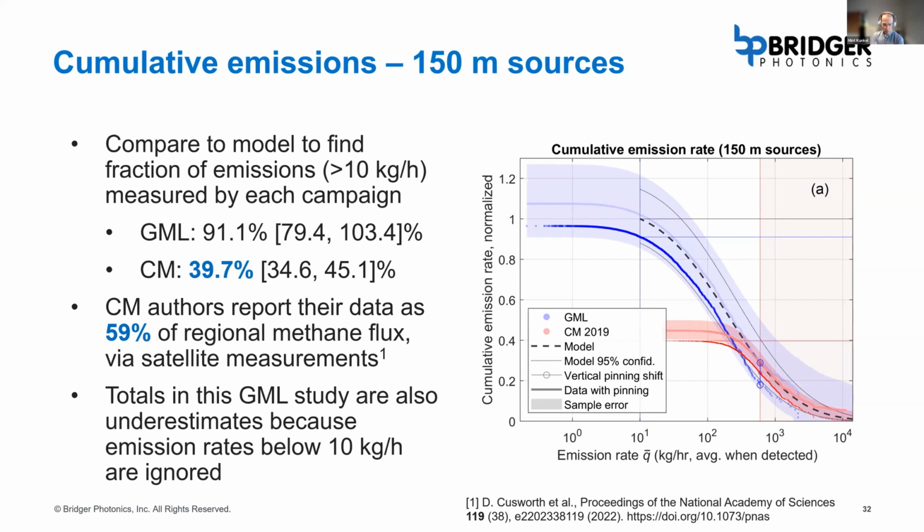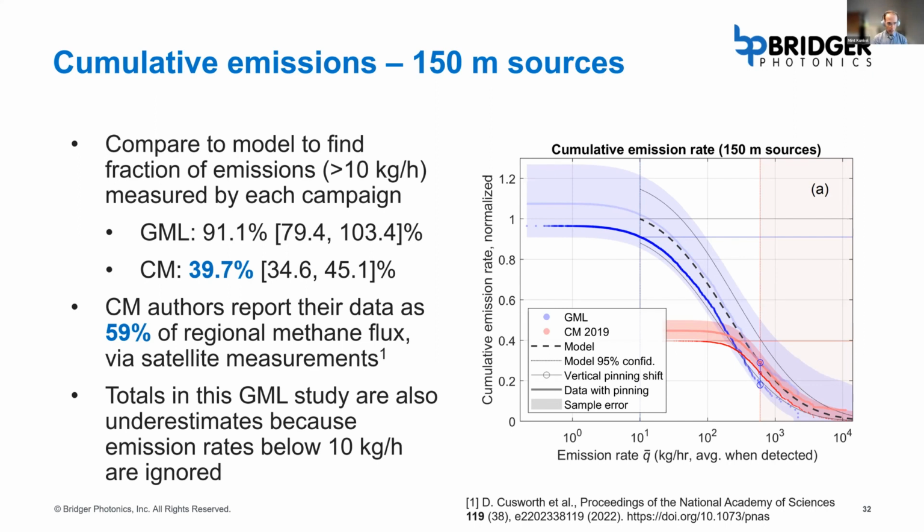Now, these numbers are pretty significant in terms of what the total emissions from the region are. Carbon Mapper's authors reported that their measurements represent 59% of the total regional methane flux as determined from satellite measurements. In fact, comparing to GML, that number appears to be lower, at about 40%.